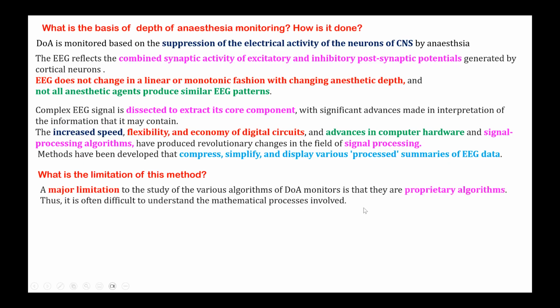One major limitation is that for each monitor we use to assess the depth of anesthesia, the manufacturing company makes its own proprietary algorithm, and it involves a lot of mathematical processing. So unless one is very good in mathematics and computer knowledge, it is very difficult to understand each and every machine. That is one limitation.